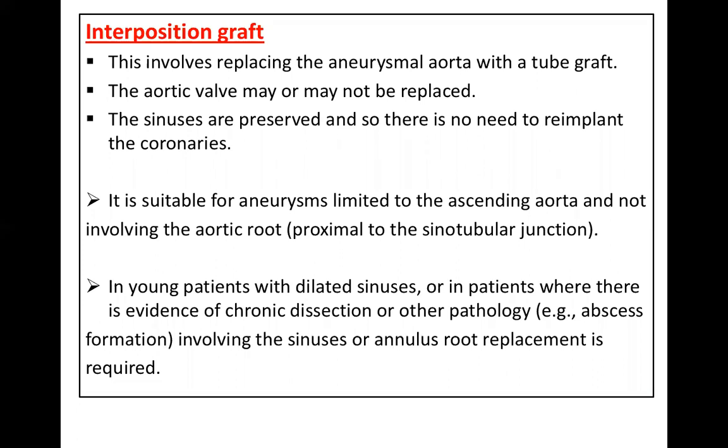So is the aortic root dilated? Are the coronaries involved? As I mentioned, is the arch involved? So there are many different things that you need to address if you have involvement of this.